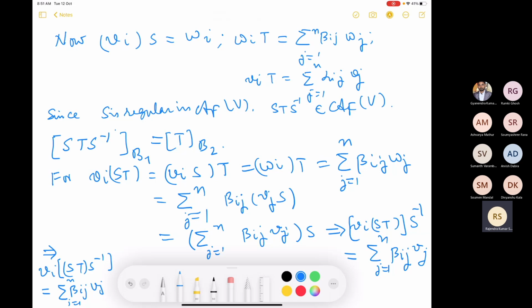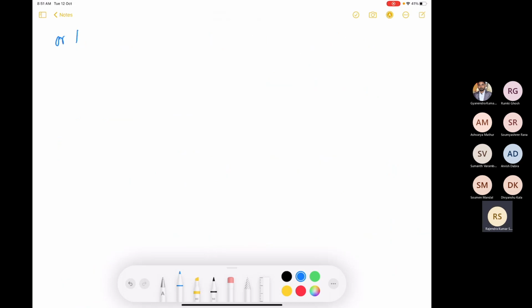Now, this is what we have, S T S inverse, because this is associative. And when you operate this on V_i, this becomes the summation of beta_ij V_j, j equal to 1 to n.